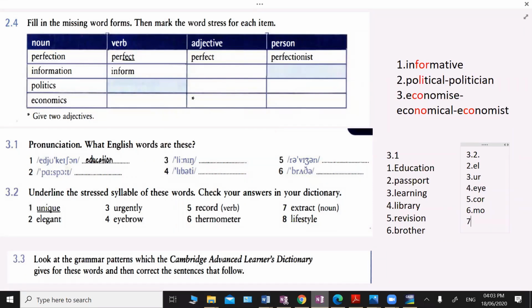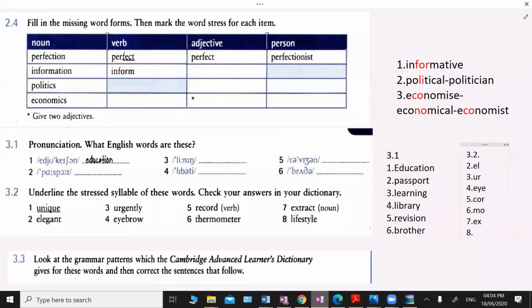Thermometer. Number 7. The word is extract. Extract the information from the passage and share it with me. EX. The stress is on EX. The last word which we have, lifestyle.